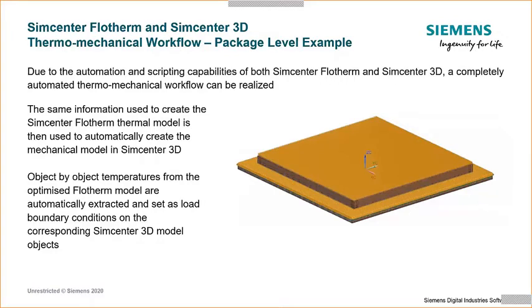Average temperatures of each individual object in the original Flowtherm simulation are extracted and set as temperature load boundary conditions on the corresponding Simcenter 3D model objects. And that temperature, object by object temperature extraction and setting on the Simcenter 3D model, again, like all other steps in this workflow, is fully automated.